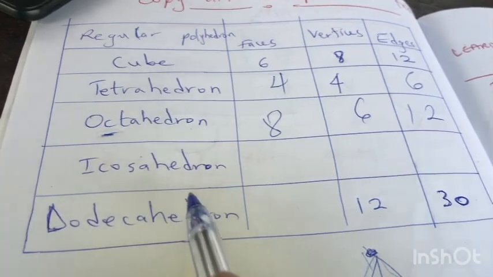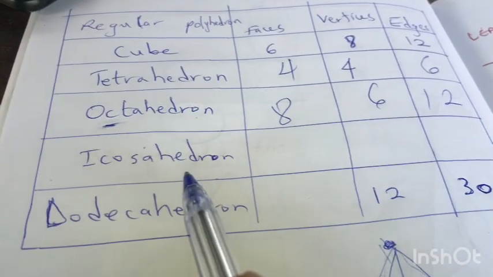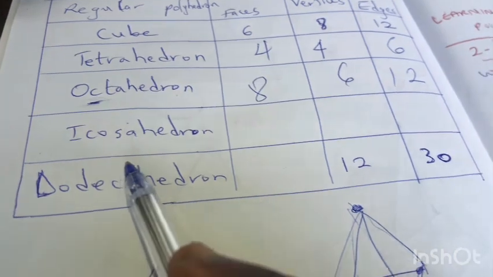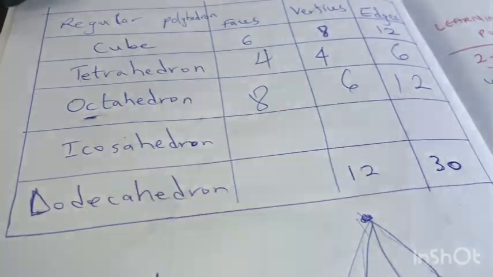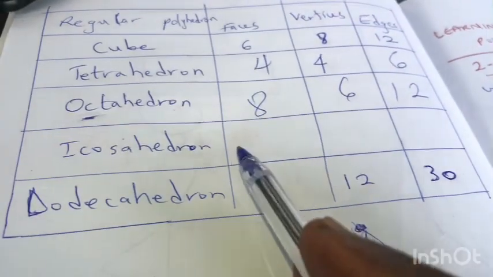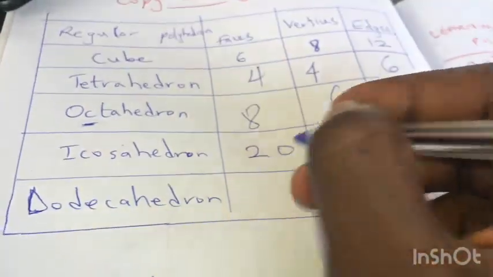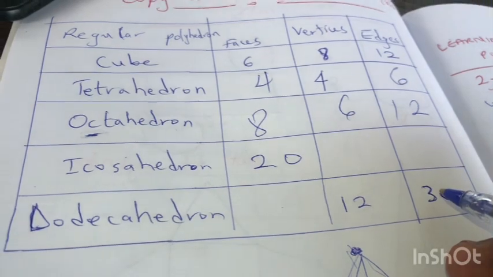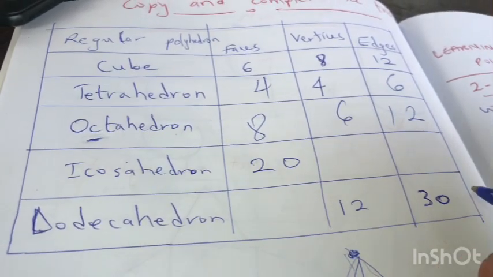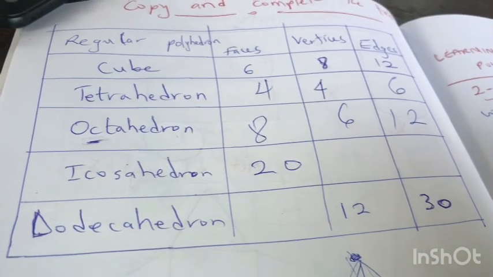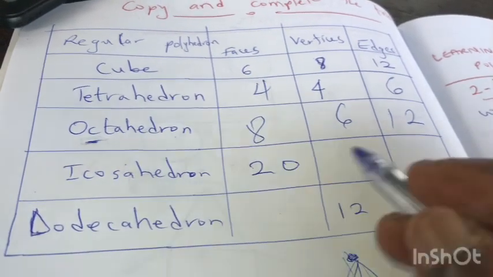Okay, icosahedron. Wow, this icosahedron. When you say icosagon, it means it has 20 sides. Okay, so icosahedron has how many faces? 20. Okay, 20. Please, this one, let's try our best to capture it. 20 what? 20, I mean, faces.